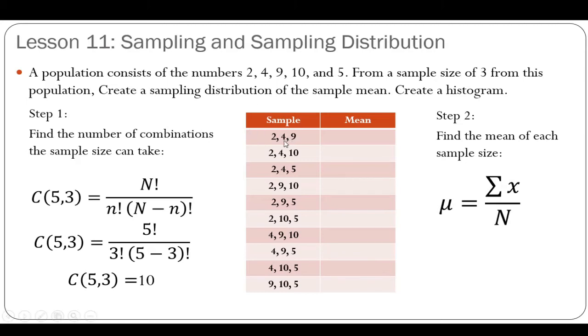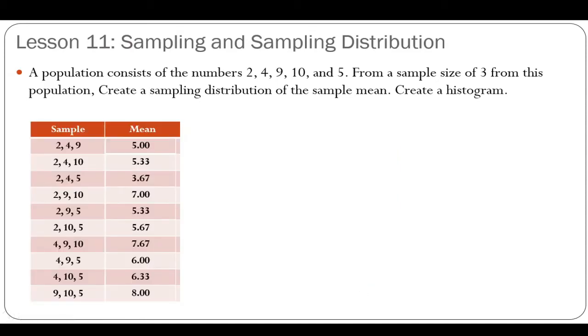Example dito sa unang row: 2 plus 4, 6, plus 9, 15. Divided by 3, kasi tatlong elements lang ito, is equal to 5. Ayan. So, pag kinompute nyo yan, ito na yung magiging average niya. Okay? Nasusundan ba? Ayan, very good.